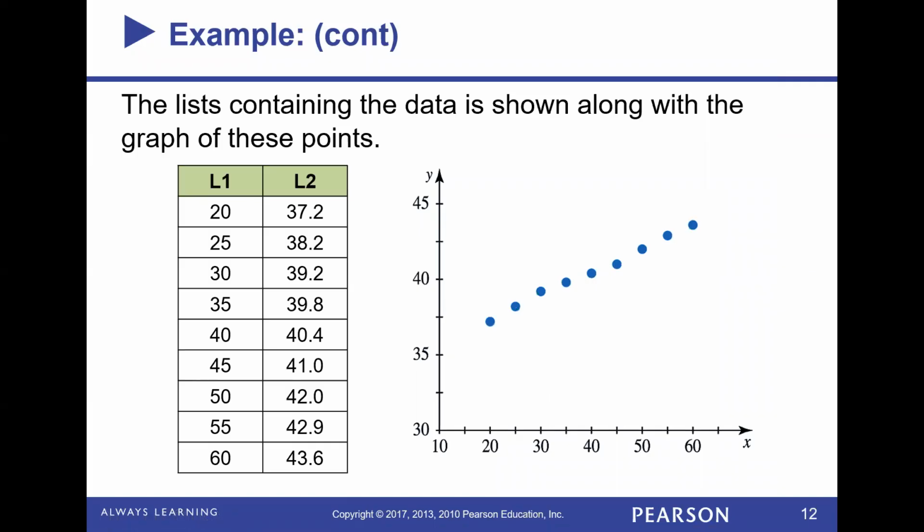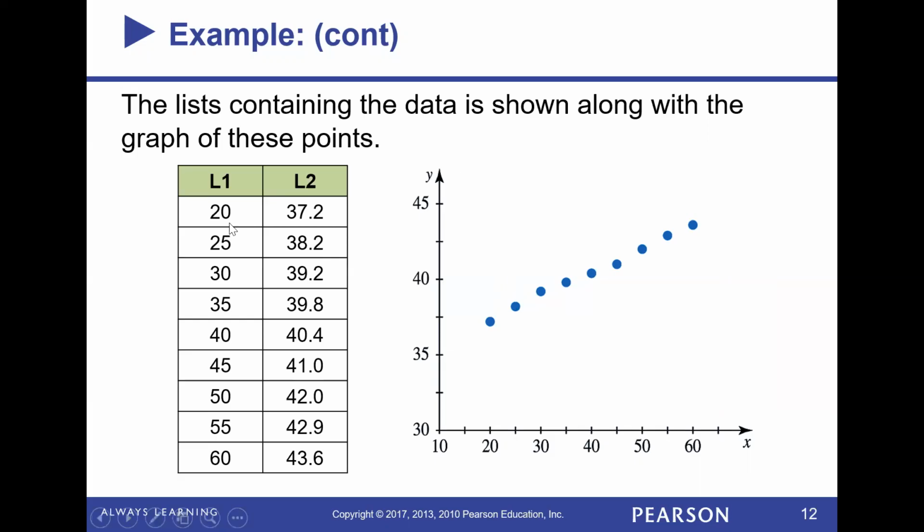Looks very similar to the one that they drew for us, okay? A little bit different because I have a slightly different viewing window range, but we can see the way it looks. Now, as we see how it looks there, we can see that it doesn't look like it's a perfectly straight line. It's got a little bit of a wiggle to it. So previously we had those other ones, they lined up absolutely perfectly. And these ones we can see it's not going to be perfect.